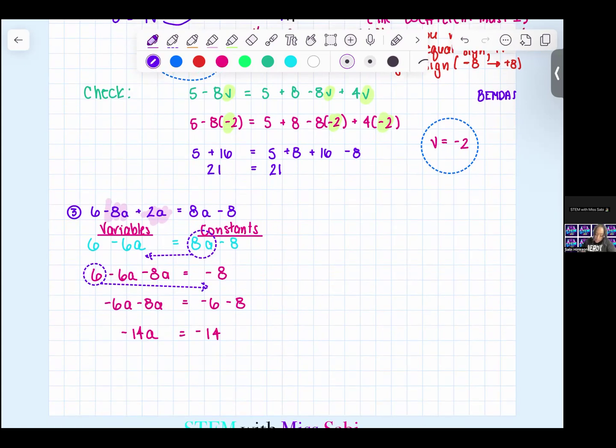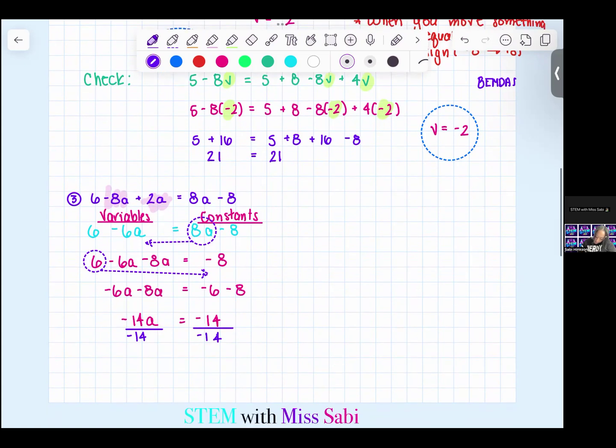Now I have to isolate that a, so I have to divide it by the coefficient, the number that's in front of it. And what I do to one side, I do to the other. So what I end up with is 1a is equal to 1. In other words, a is equal to 1.